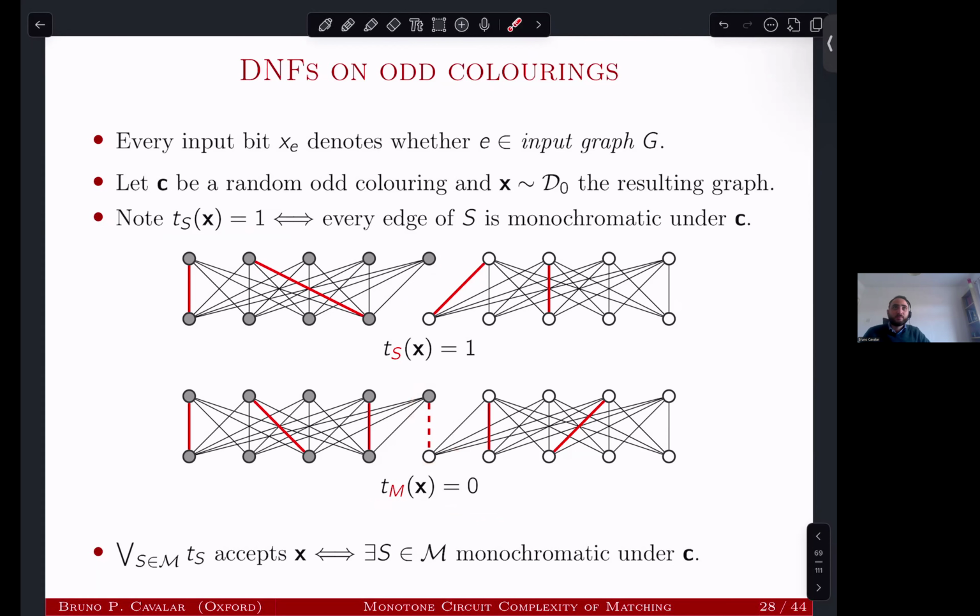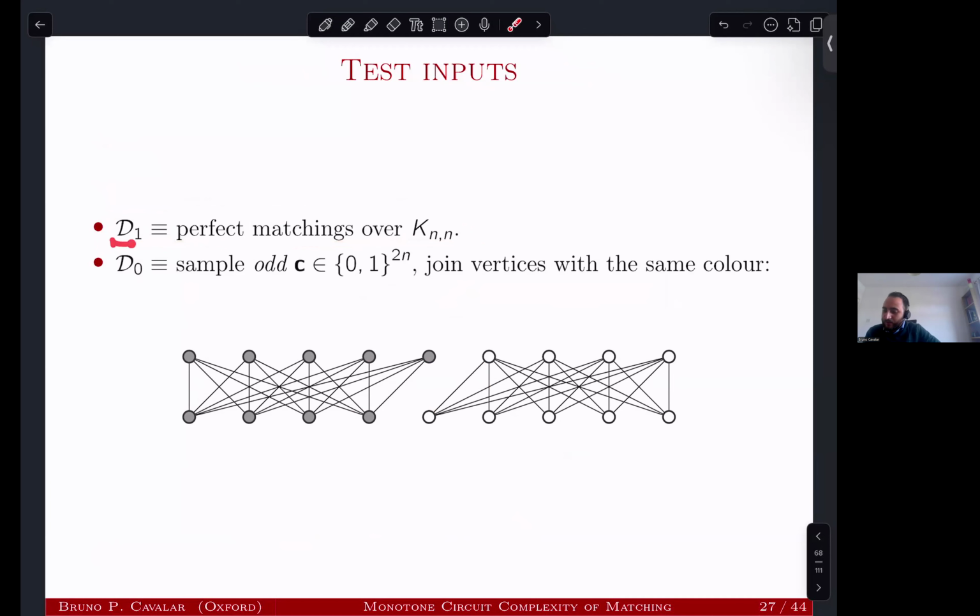I guess it's clear why we do this for some of you, because our accepting inputs are perfect matchings. So if your term is not a matching, you can just remove it. You're going to make no mistakes here, because subgraphs of perfect matchings are all matchings.